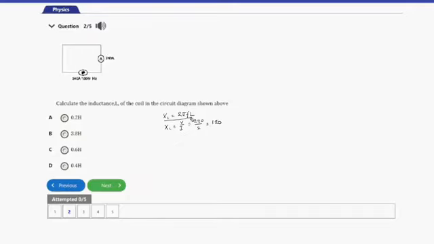If we make L, which is the inductance, the subject of this equation, we are going to have XL, that's the reactance, over 2 pi F. So the reactance already we have to be 120, then over 2 times 3.14 times the frequency here, which is 100 over pi. We're just going to plug this in and calculate. So when we calculate this, we're going to have 0.6 as our inductance, and that's option C here.